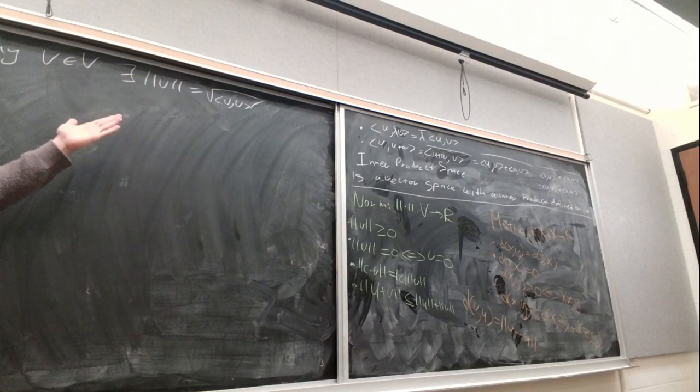Norm is just like a square root of the inner product of a vector with itself.